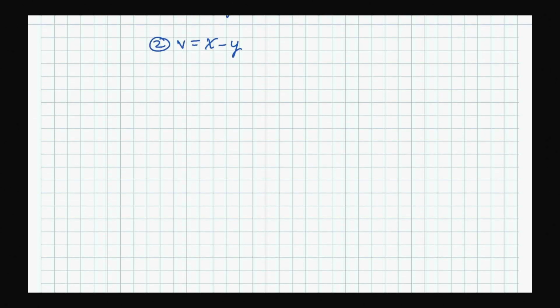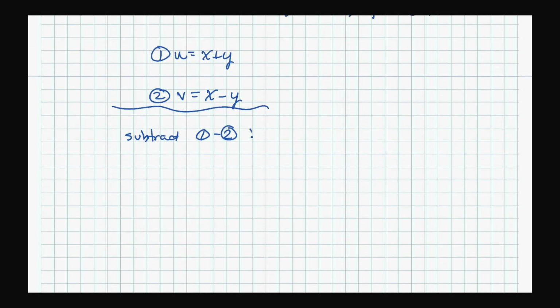This is like solving an equation, right? Let's just add, that's easier. So if you do equation 1 plus equation 2, you have u equals x plus y, and we add it to v equals x minus y, right?